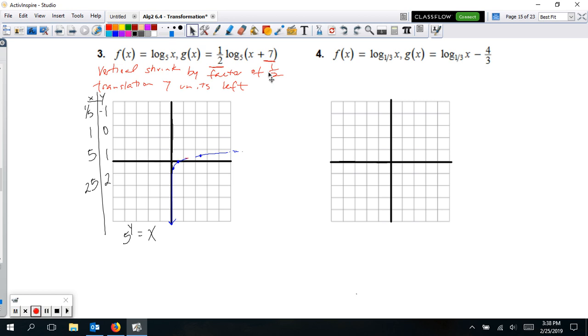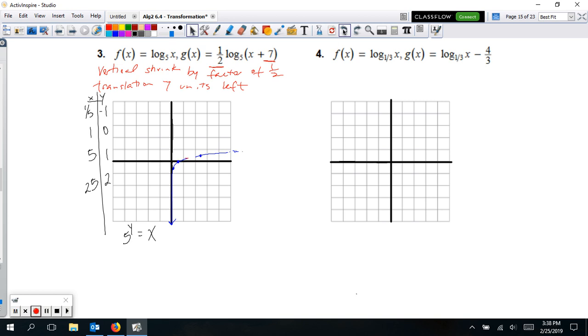The one thing we do realize is since the y-axis was the asymptote for the first one, the y-axis is not going to be the asymptote for this one. It's going to be that -7. Since h was -7, it's going to be over here. So 2, 4, 6, 7. This is where our asymptote is going to be right here. So that definitely will have moved to the left 7 units.